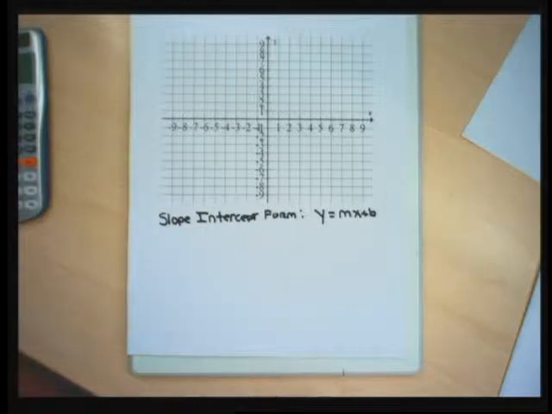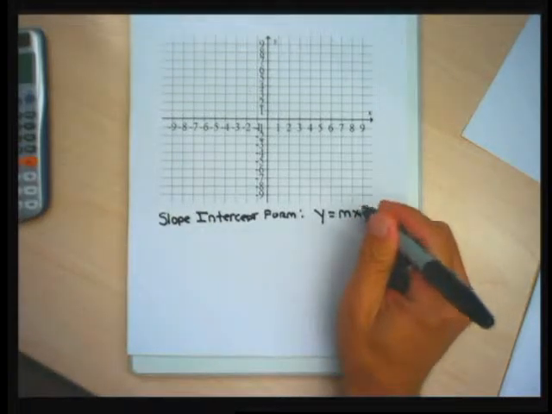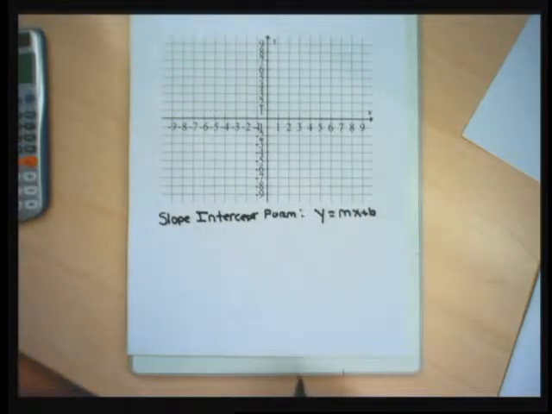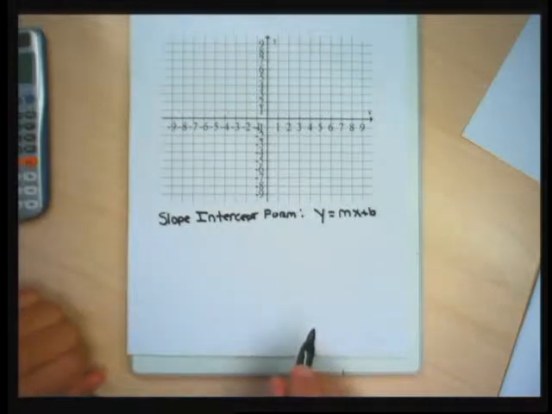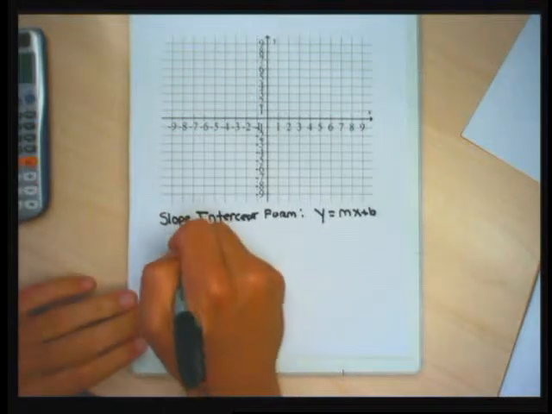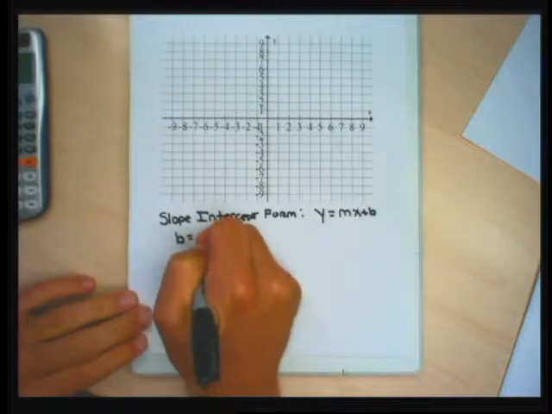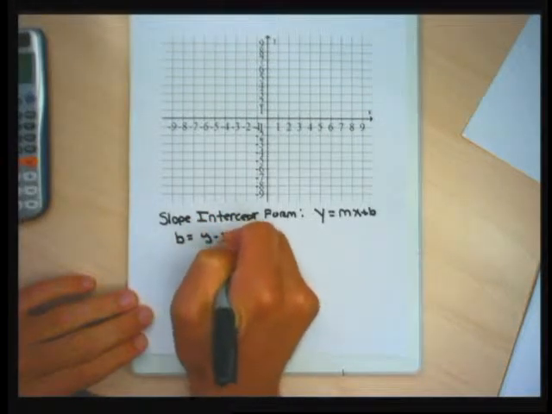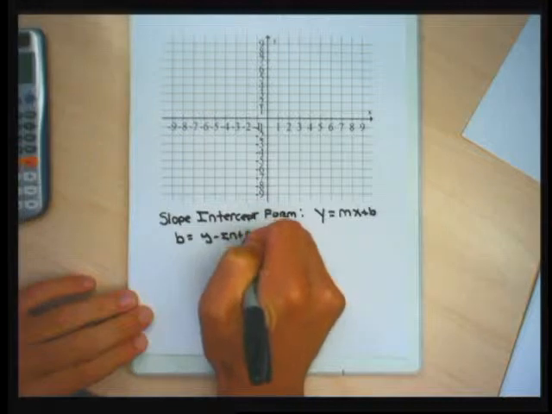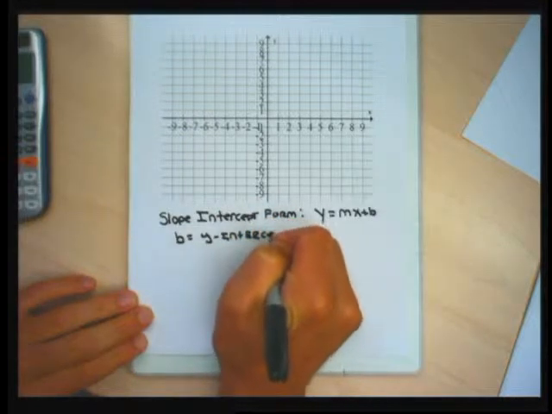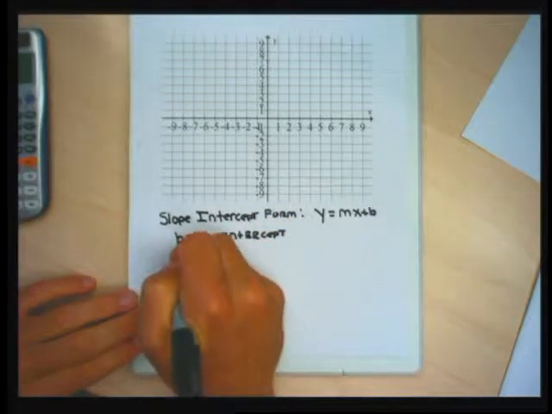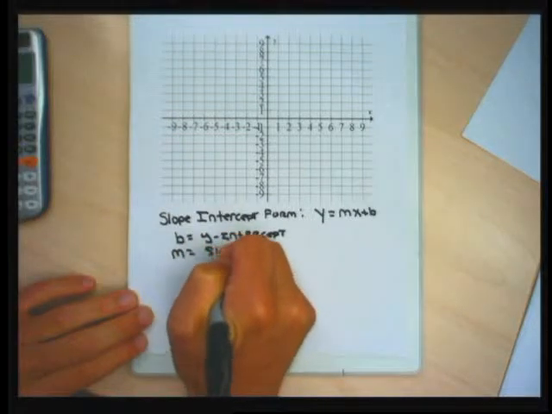And if you have an equation that has a y and an x, and there aren't any exponents, and there aren't any x's in denominators of fractions, then the graph is going to form a straight line. The b is going to be the y-intercept, and the m is going to be the slope.